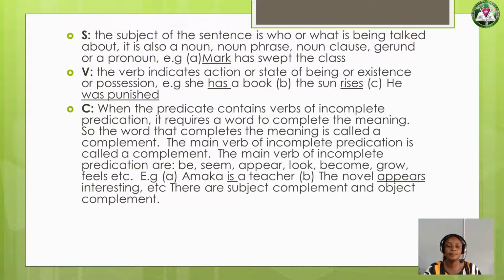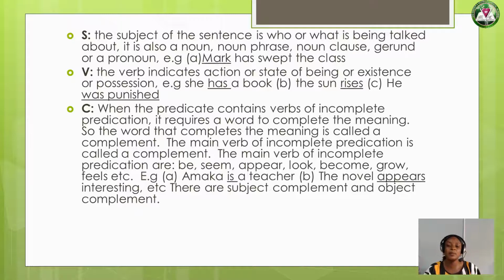Okay. So there are subject complements and object complements. In subject complements, the complement completes the meaning of the subject. Remember, I think this issue of subject complements came up when I taught you phrases and clauses.